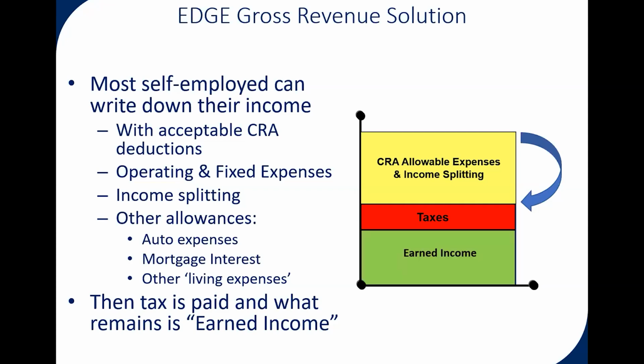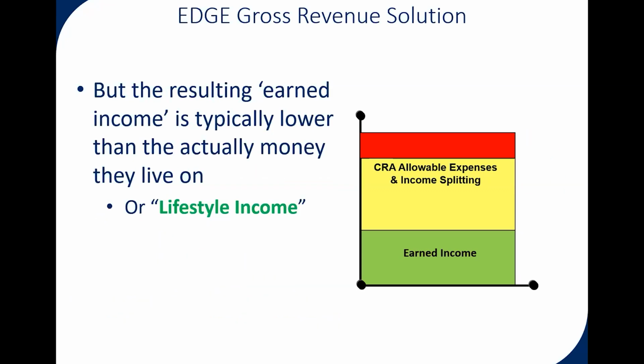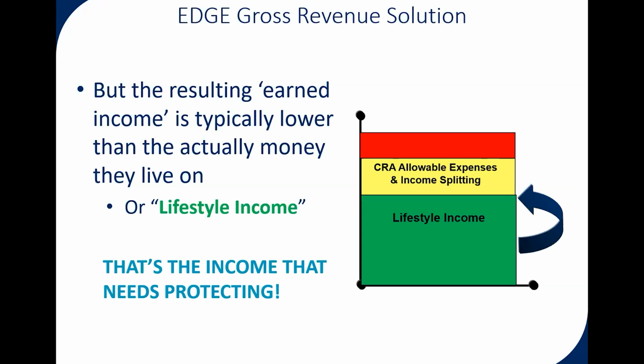They try to get that earned income as low as possible to get the taxes as low as possible. What remains is their earned income, but it's not what they're living on. It's not their lifestyle income. And that's what we're trying to ensure. We recognize that their lifestyle income is actually bigger than their earned income, and that's the income we need to protect.